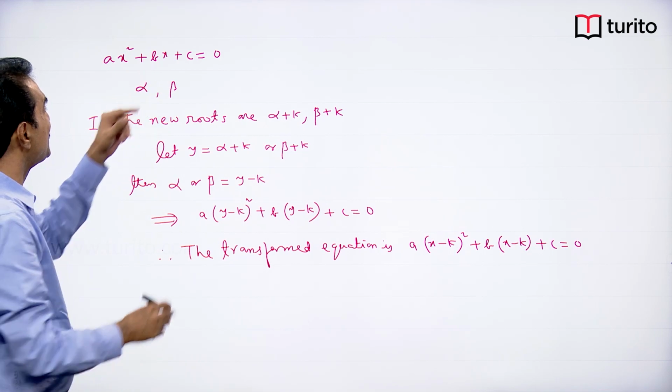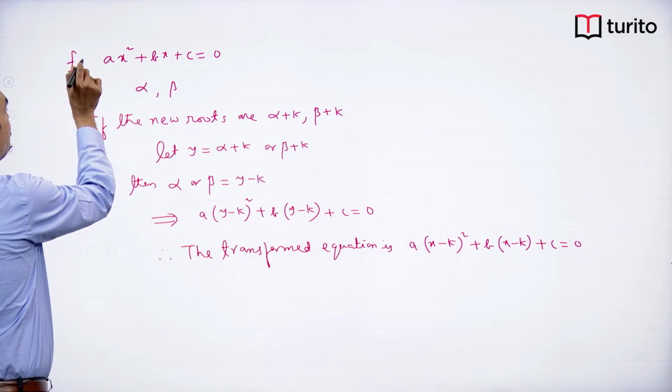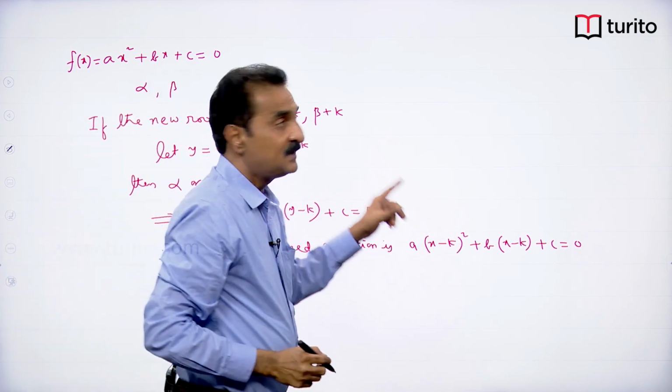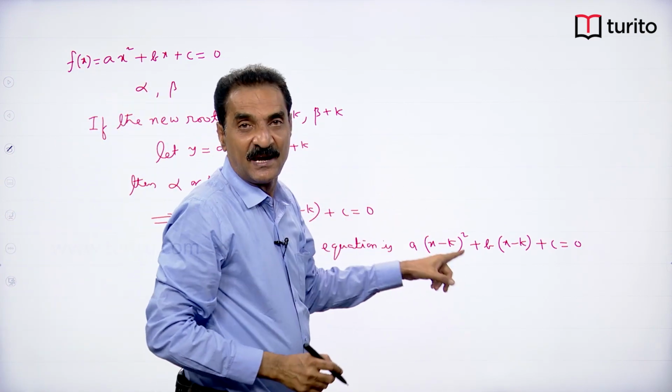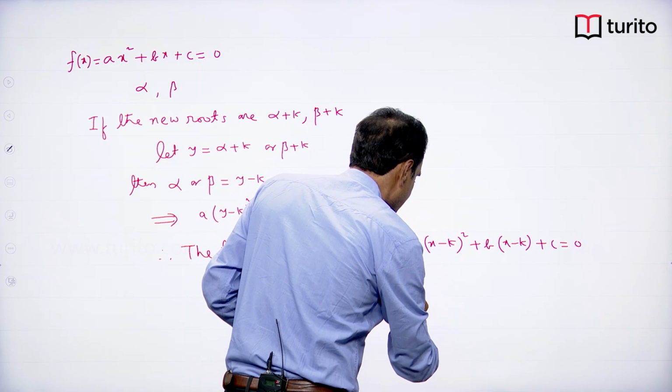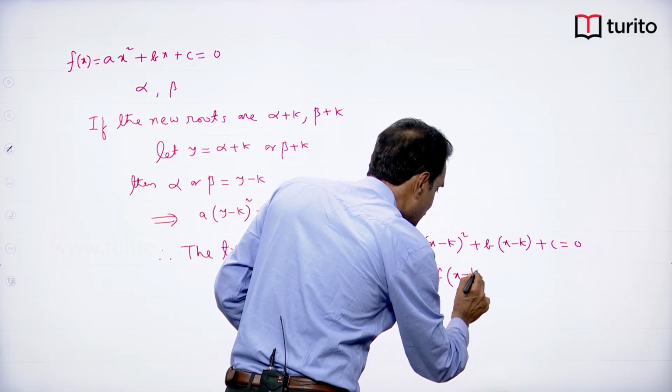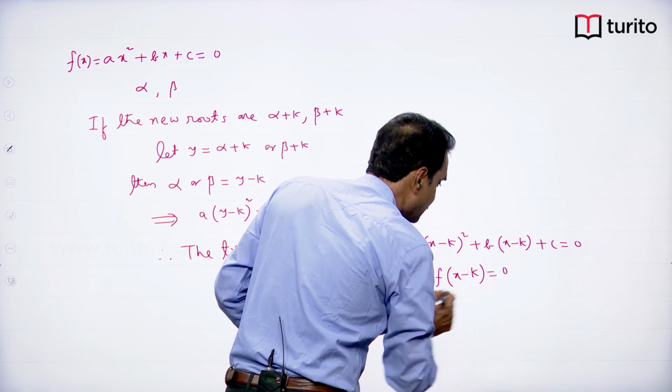If this is represented by f of x, then what is this equation? You have replaced x by x minus k. So this is f of x minus k is equal to 0.